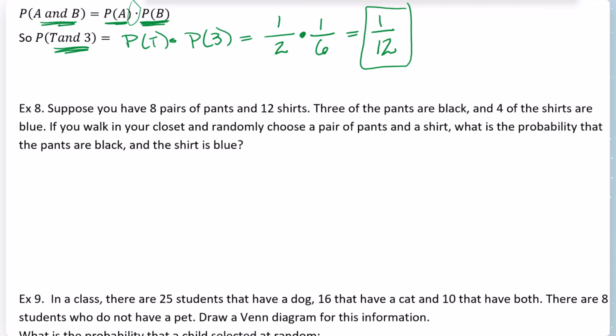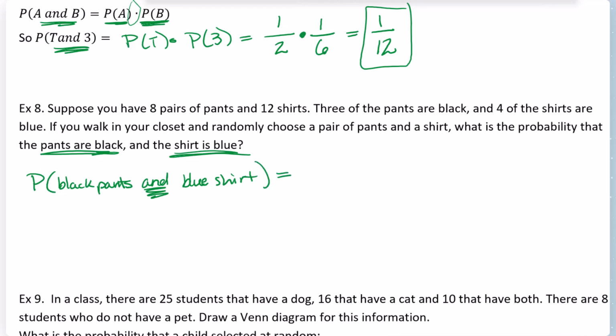Continue with this idea, example 8, suppose you have 8 pairs of pants and 12 shirts. 3 of the pants are black and 4 of the shirts are blue. If you walk in your closet and randomly choose a pair of pants and a shirt, what's the probability of black pants and a blue shirt? All right, because it's an and statement, I'm going to be able to take the probability of black pants times the probability of blue shirts, because these are independent.